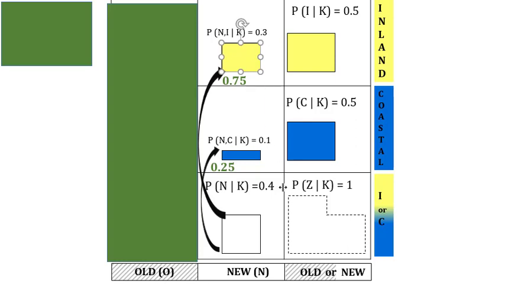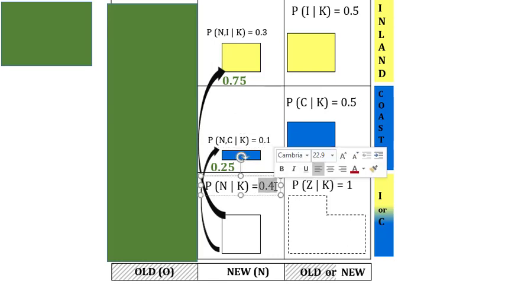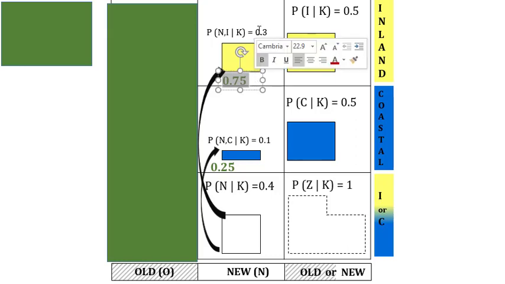So again, if we multiply the marginal times the conditional, it gives us the joint. 0.4 times 0.25 equals 0.1, and 0.4 times 0.75 equals 0.3.